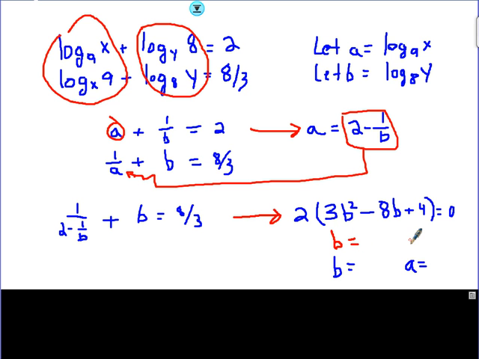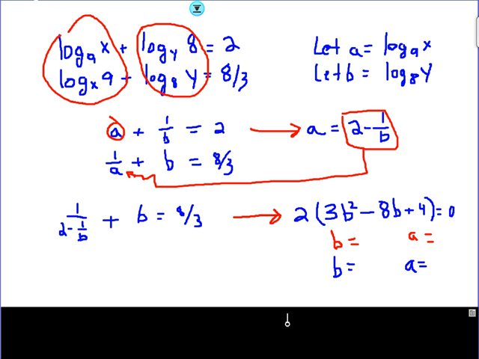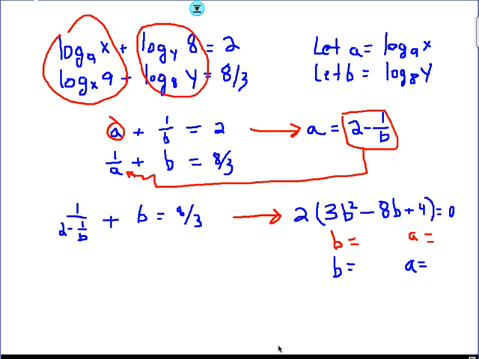It's substitution, so once you figure out what b is, you take the b and substitute back into one of these equations, and then you solve for a. So you're going to get a series of a's and b's. Now be careful.